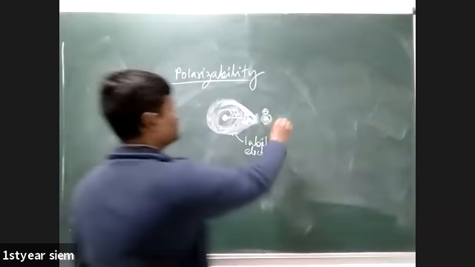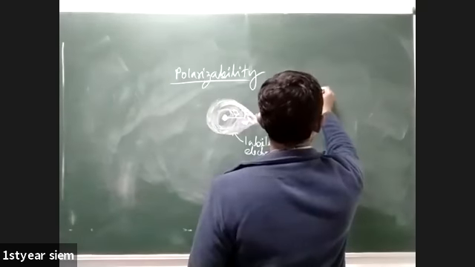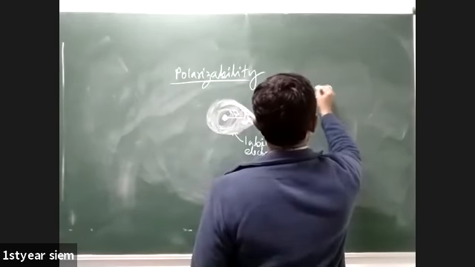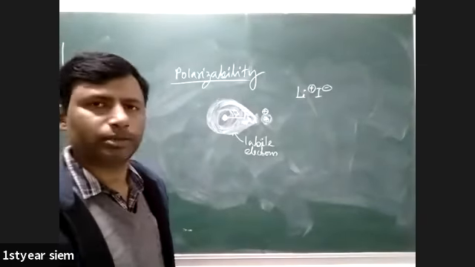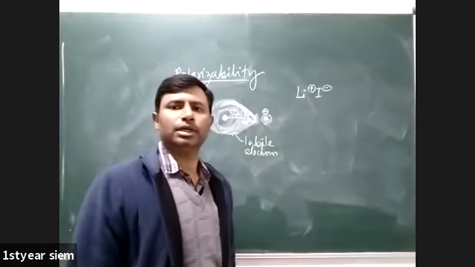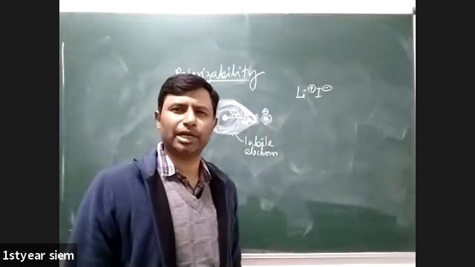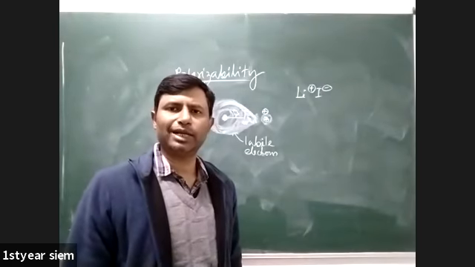So, if there is an ionic bond in, for example, lithium iodide, lithium plus, iodide minus, it is an ionic compound, but practically it is not purely ionic. It has some covalent character.